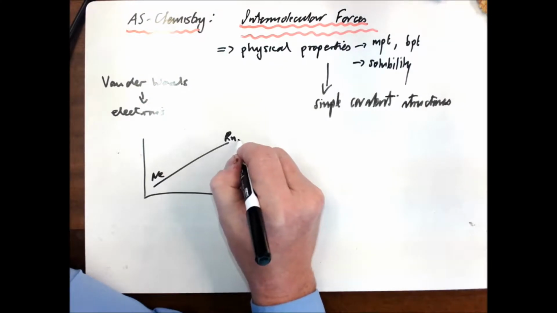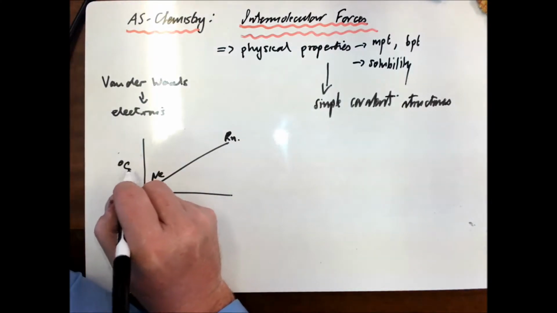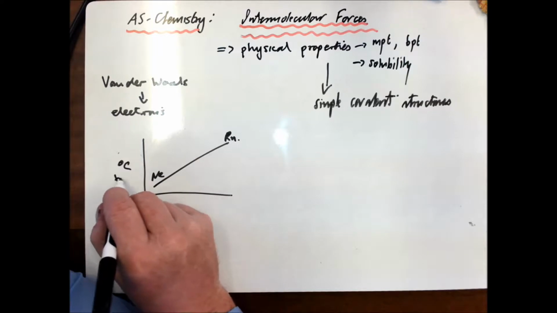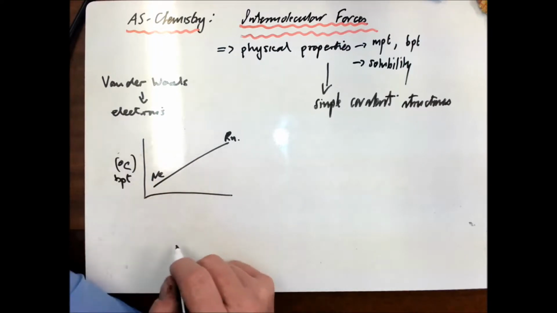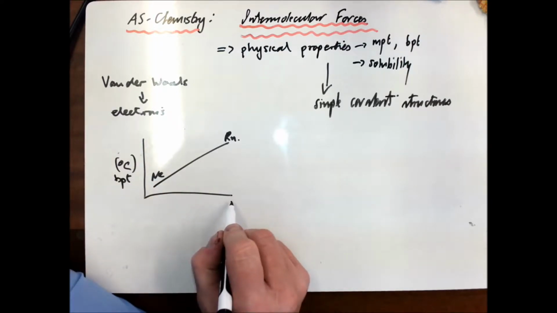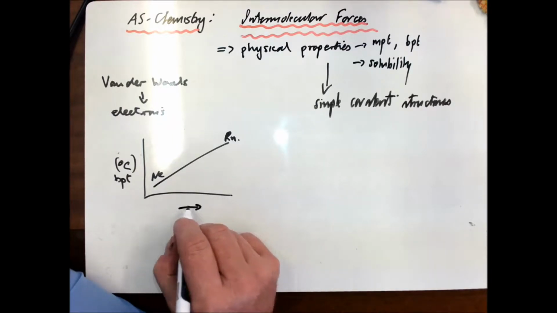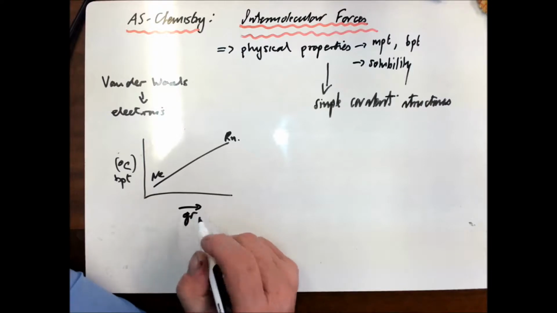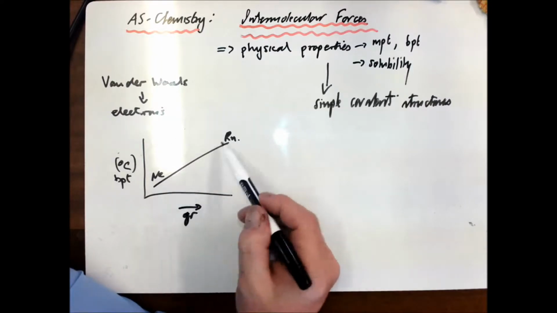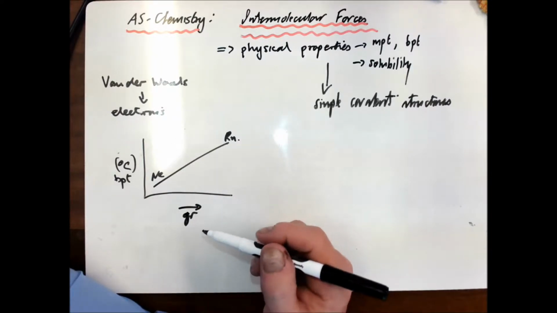So that's the boiling point in degrees C, as we go down the group. We need to be able to explain this trend and why it is as it is.